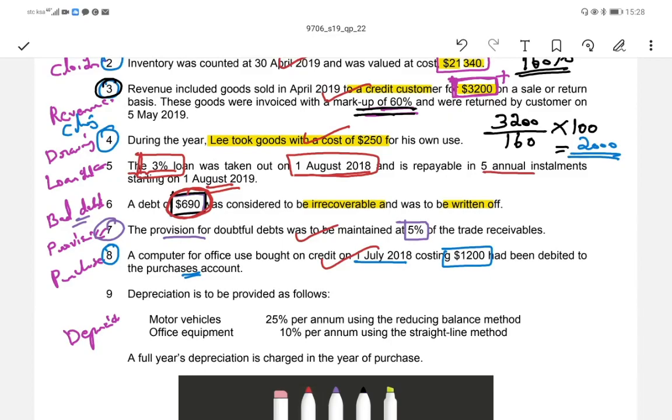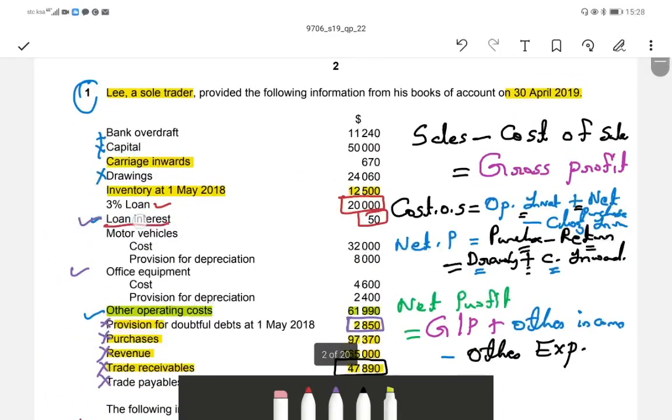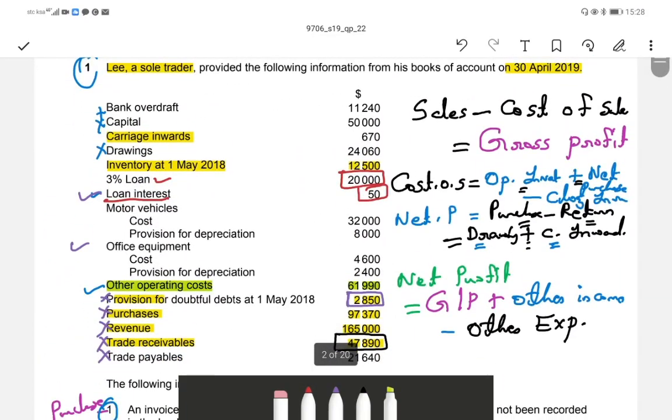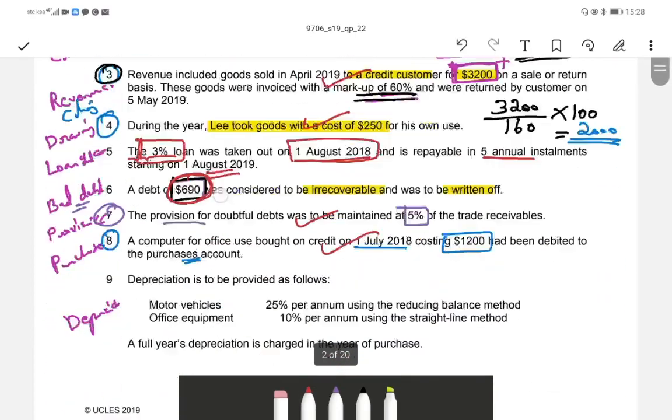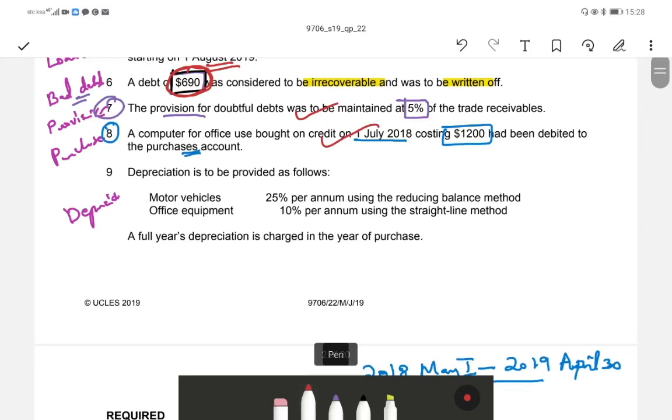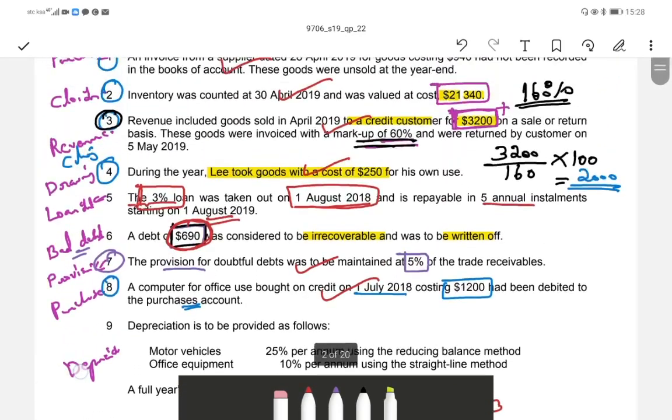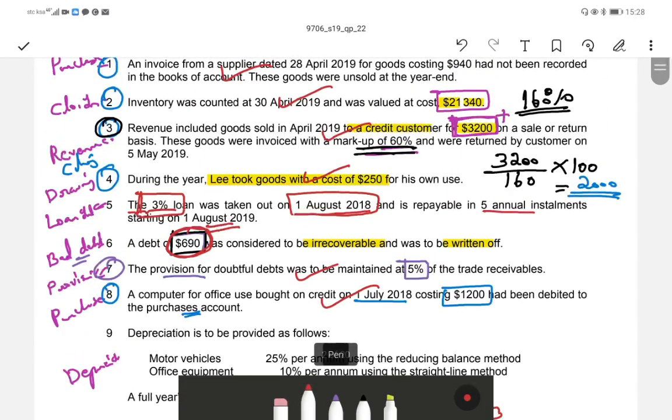So loan interest, how much was the loan amount? Loan amount is 20,000 and they paid 50 here. So loan interest, 20,000 multiply 3%. Then the loan is taken from 1st August 2018.